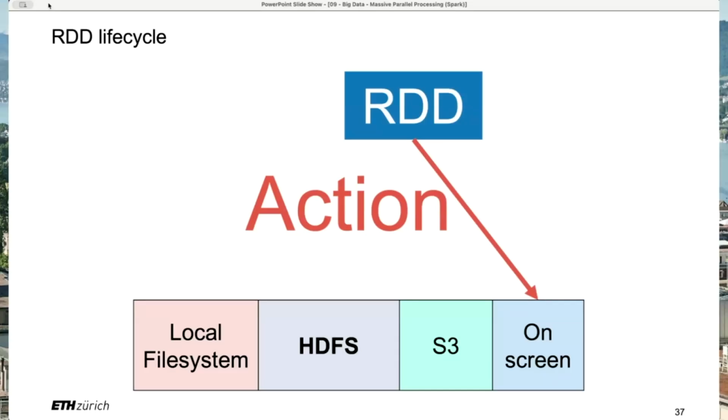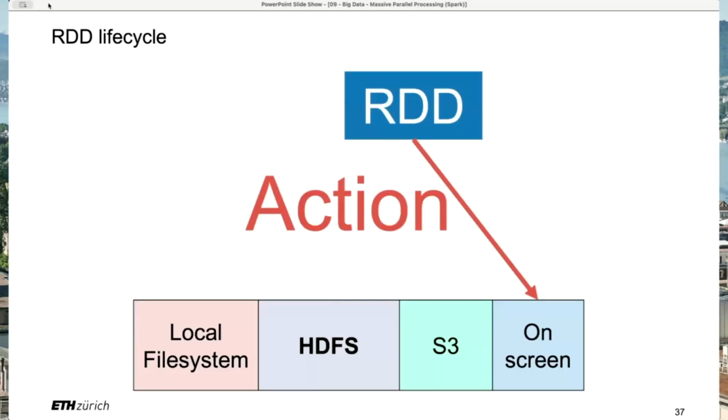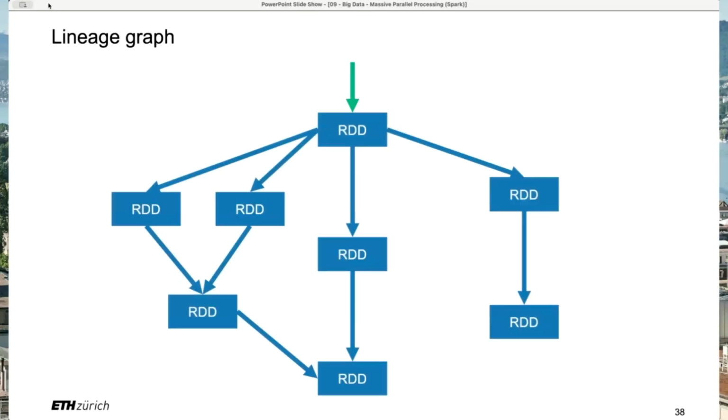So you can, for example, print it on screen, which is a materialization, by the way, or you can write it on disk, which is also a materialization, that you write down to HDFS, to S3, or to your local file system. So creation, transformation, action. These are the three things that you can do.